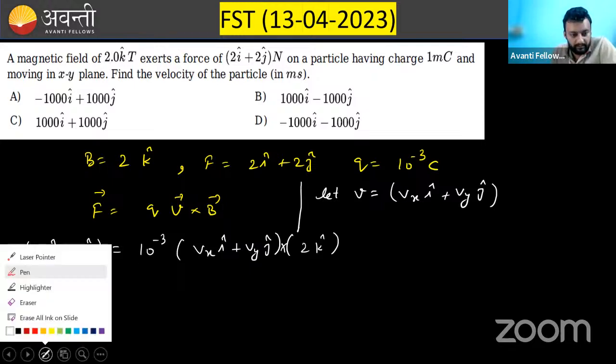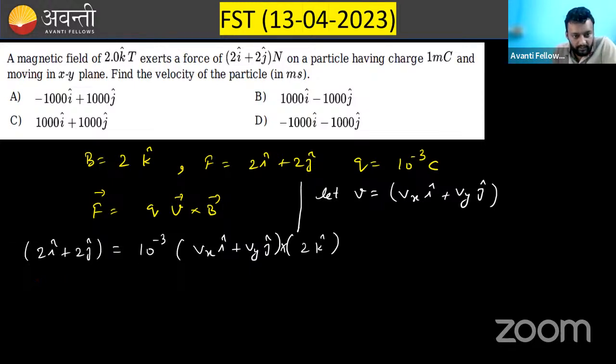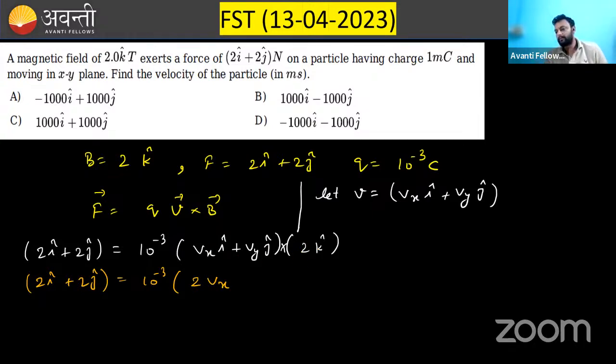Now do the cross product. It will become 2 I cap plus 2 j cap is equal to 10 raised to the power minus 3. If I multiply this, it will become 2Vx. I am multiplying this one, 2Vx. And I cross k will be what?